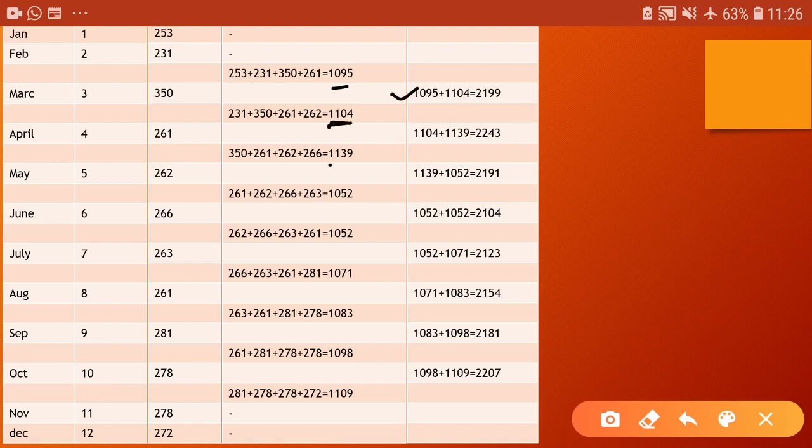Then 1104 and 1139 is 2243. Then 1139 plus 1052 is 2191. 1052 and 1052 is 2104. 1052 and 1071 is 2123. 1071 and 1083 is 2154. 1083 and 1098 is 2181. 1098 and 1109 is 2207.